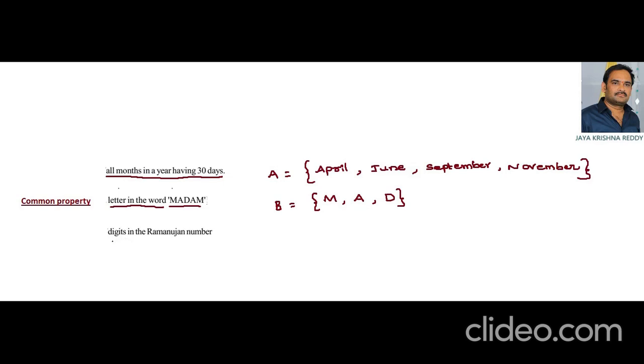And next, another common property, digits in the Ramanujan number. What is the Ramanujan number? 1729 is the Ramanujan number. So we have to identify the digits in the Ramanujan number. What are the digits in that number? 1, 7, 2 and 9. These are the digits in the Ramanujan number.